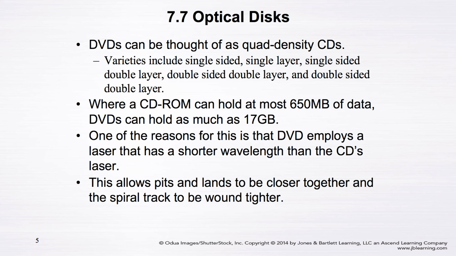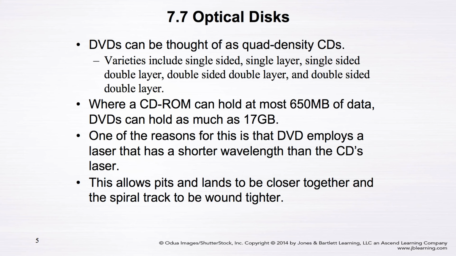One of the reasons for this is that DVD employs a laser that has a shorter wavelength compared with the CD laser. This allows pit and land to be much closer together, and the spiral track can be wound tighter.